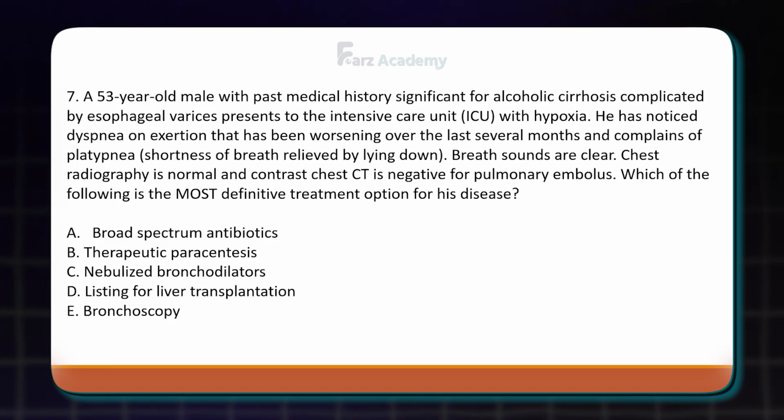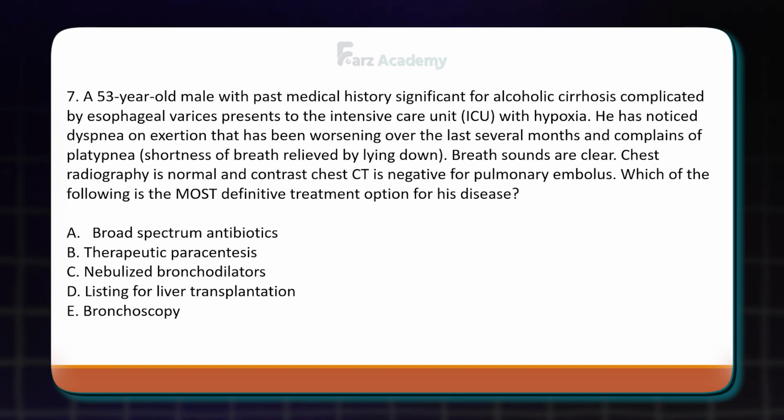Next, this is a 53-year-old male with a past medical history significant for alcoholic cirrhosis complicated with esophageal varices, presented to the ICU with hypoxia. He has noticed dyspnea on exertion that has been worsening over several months and complains of platypnea. Breath sounds are clear, chest radiograph is normal, CT with contrast negative for pulmonary embolism.